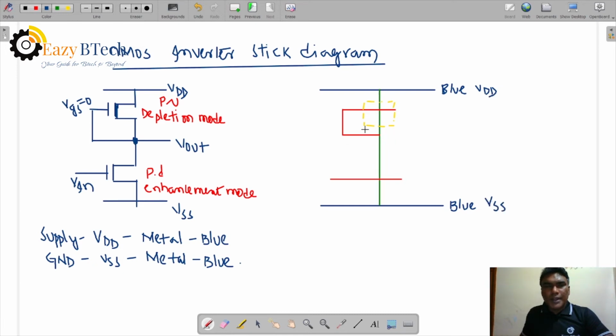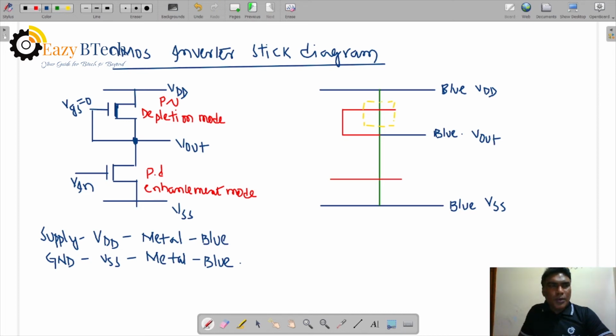Here also we can take the output. The output terminal is also metal. The output is taken here as metal, and metal means blue color. Now the name of this terminal is the output terminal.